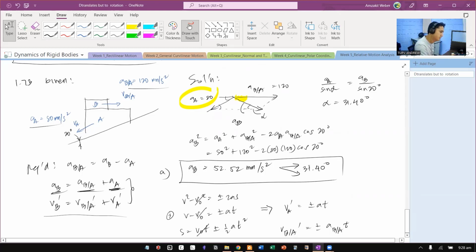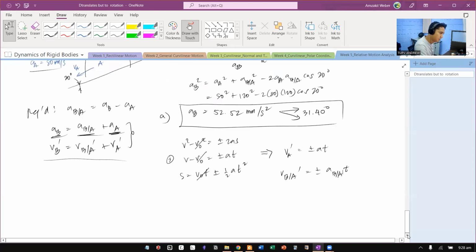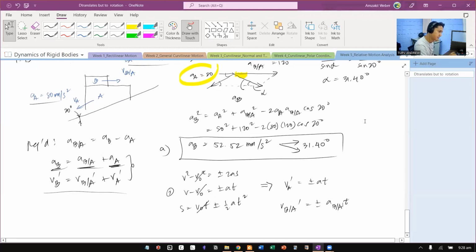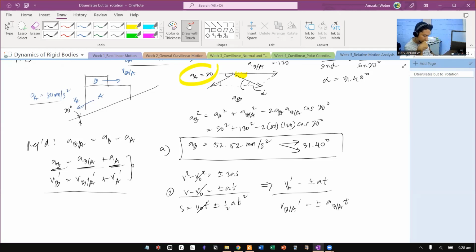Is there something that is violated or not? We just transmute this into specific notation. There is no initial velocity. That is the final velocity. We change it to VBA prime equals AT.